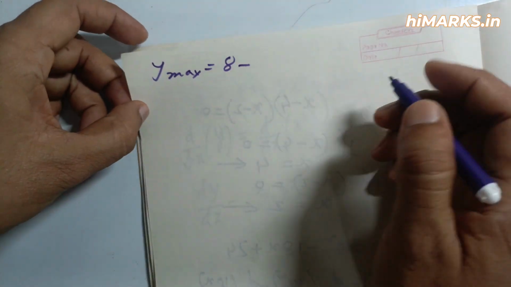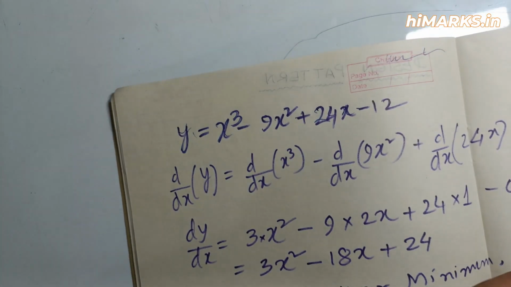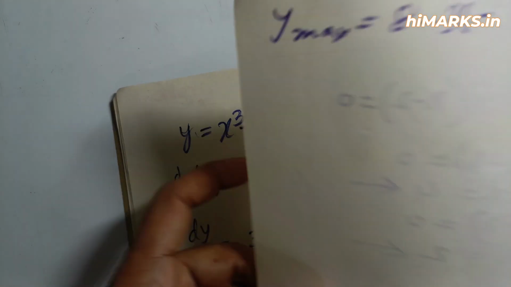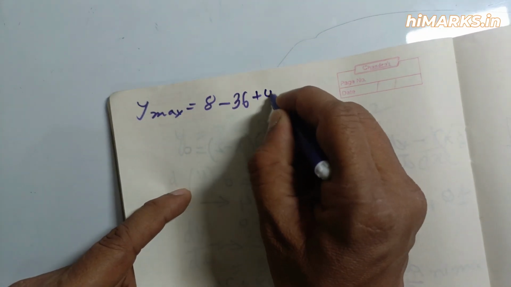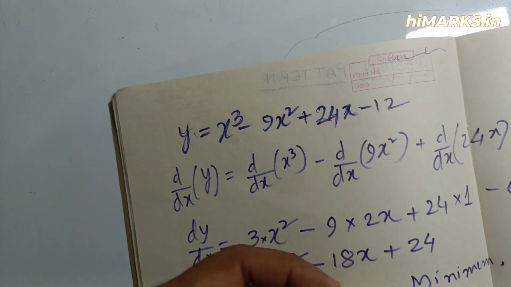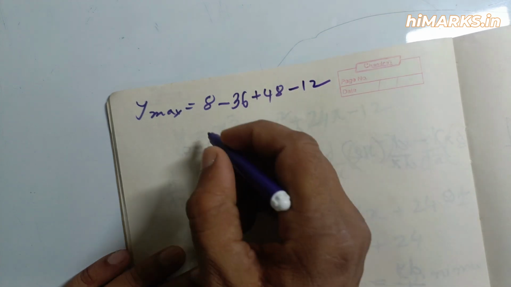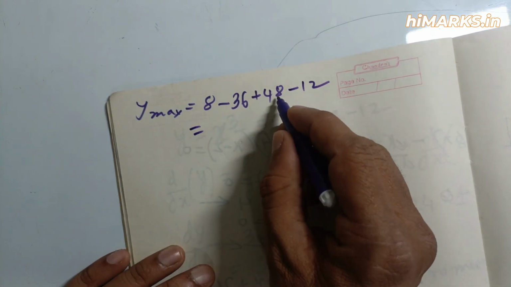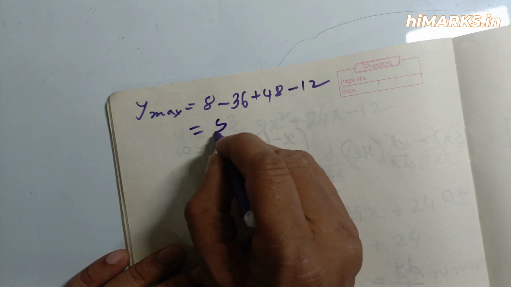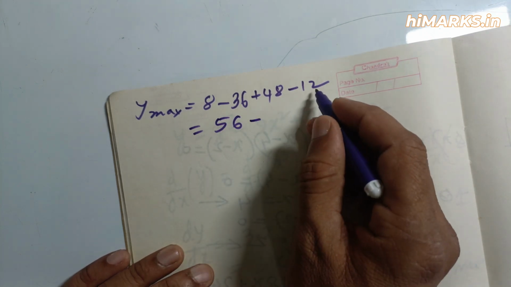So we are calculating the value for y max, that means what is the y or function value for x equal to 2. After doing that, this is merely calculation only.